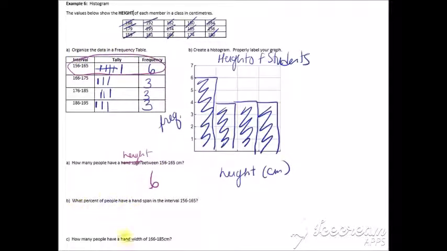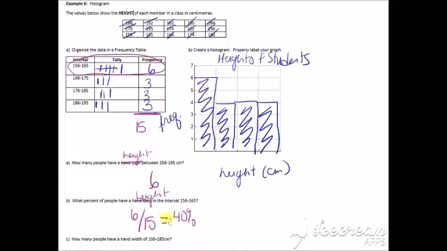And what percentage of the people have a height of this? Well, that's going to be 6 over. And then if you go to the frequency column, if we add 6, 3, 3, and 3, we get 15. So if we divide 6 divided by 15, we get 40%.